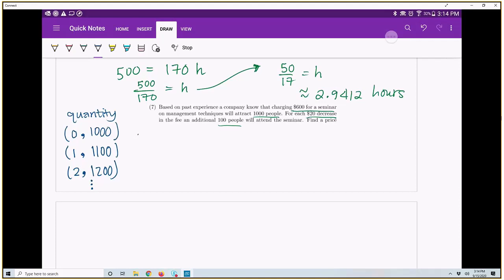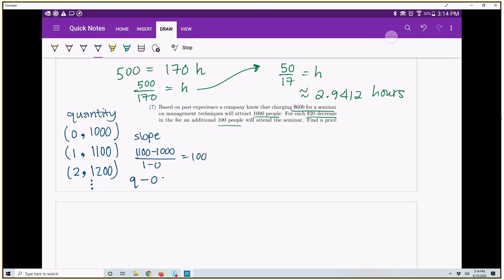So I could find the slope, and that should be 1100 minus 1000 divided by 1 minus 0. That's just slope of 100. And then I could find the point slope form of the equation. So I'm going to use Q for quantity.